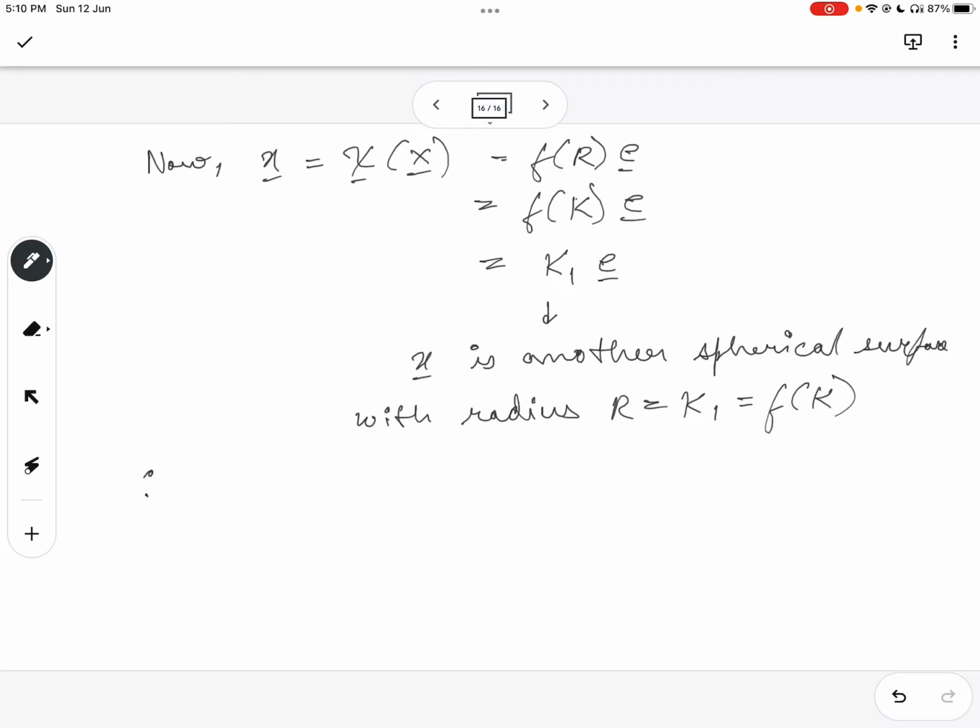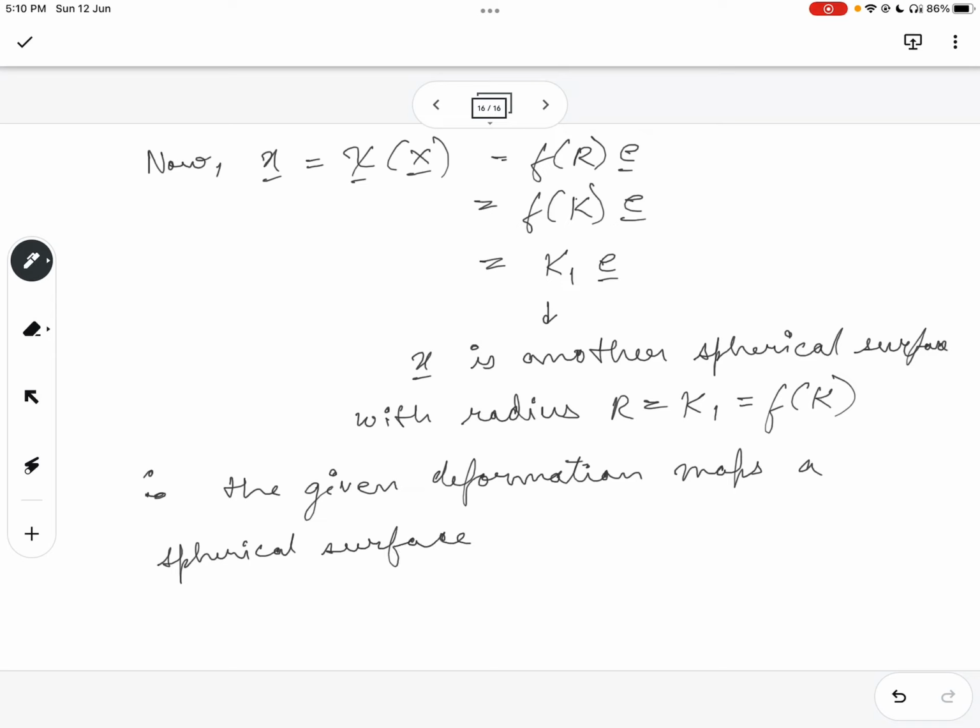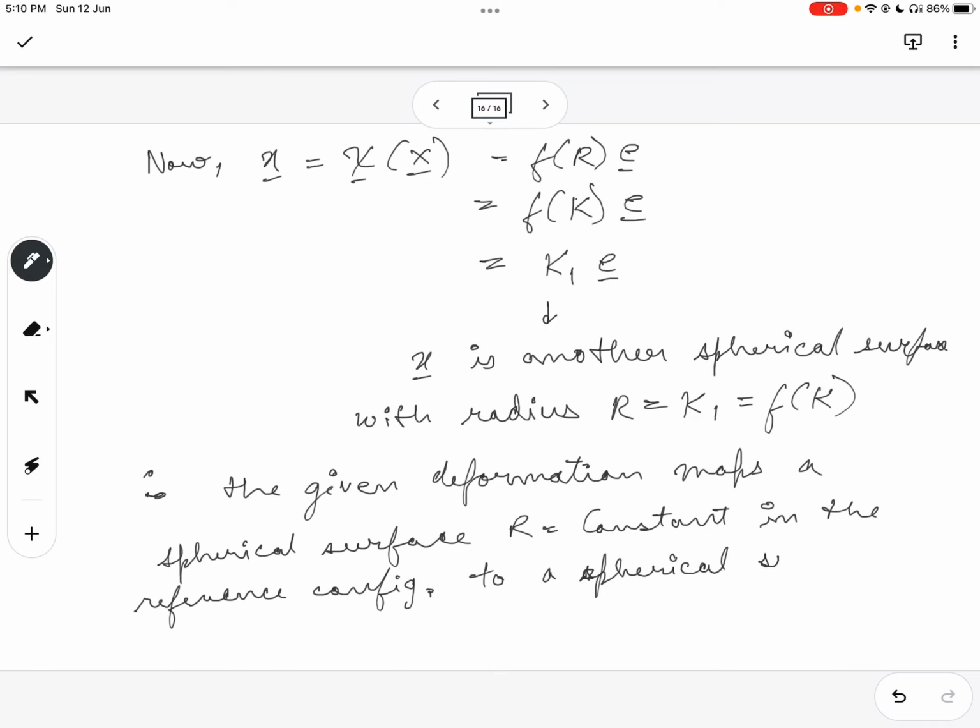Therefore, we have proved that the given deformation maps a spherical surface r equal to constant in the reference configuration to a spherical surface in the current configuration.